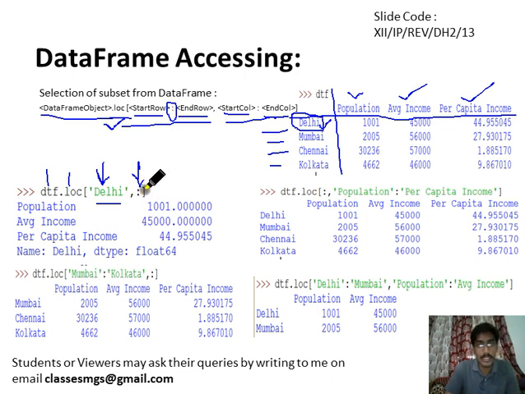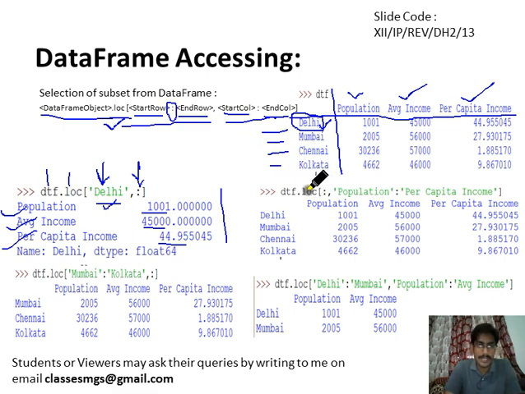It will fetch all the columns for this particular row: population, average income and per capita income for Delhi city, which you can see here as 1,000, 45,000, 44.95 and so on.